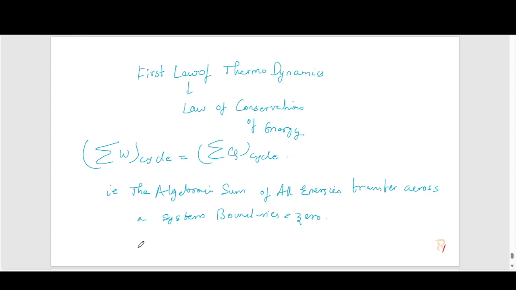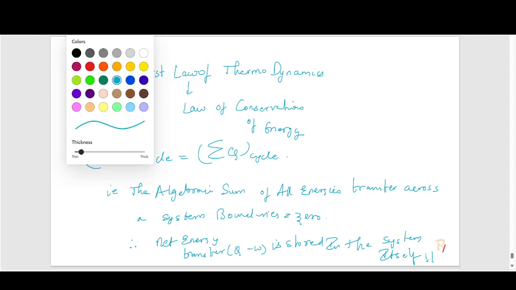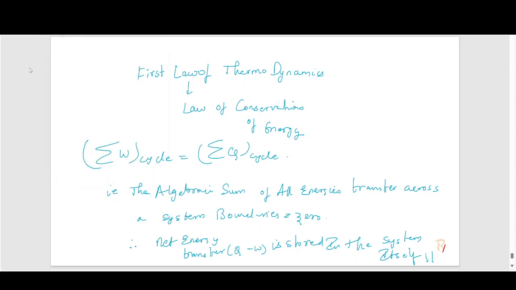Therefore, net energy transfer Q minus W is stored in the system itself. Let me finish this as soon as possible.